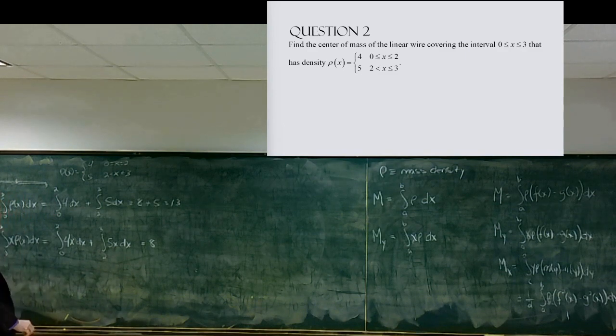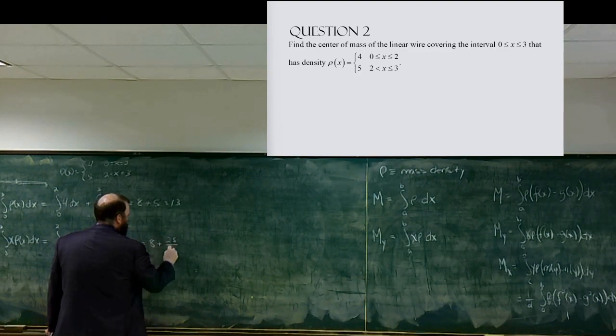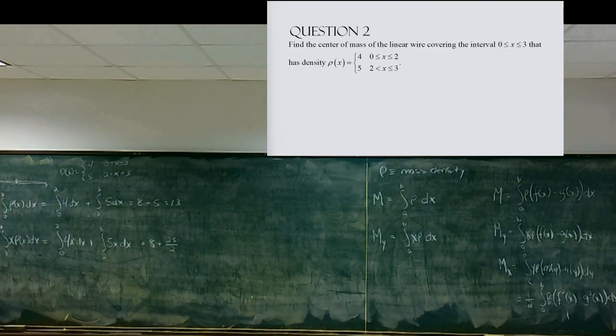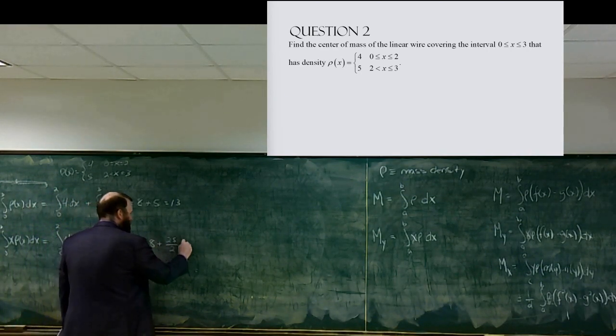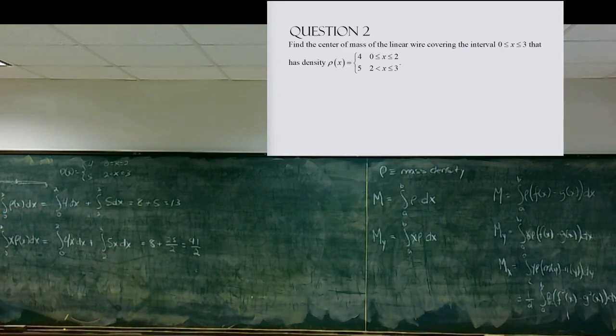This is 5 halves x squared, so we're going to get 9 minus 4 is 5, 25 halves. So 41 halves is the y moment.